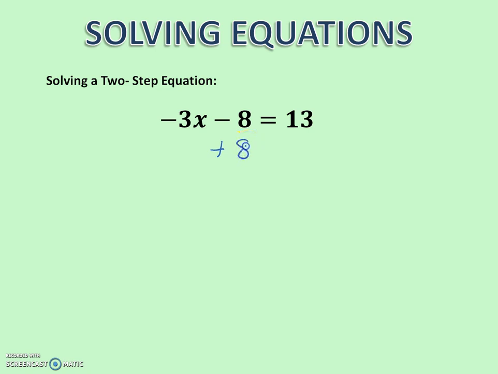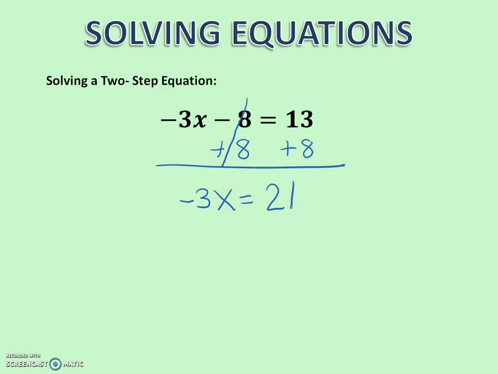Since it's being subtracted in our original equation, let's add it to both sides of the equation. That way, over here, it cancels, leaving us with negative 3x equals 13 plus 8, 21.